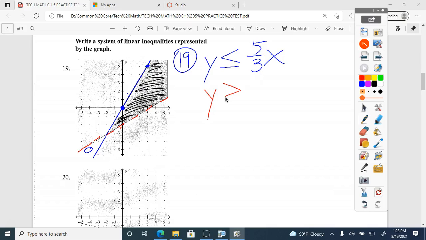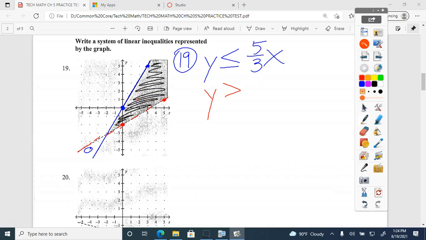My slope. We started there. The next point it goes through looks like that one. So its slope is up 1, 2, 3 over 1, 2, 3, 4, 5.